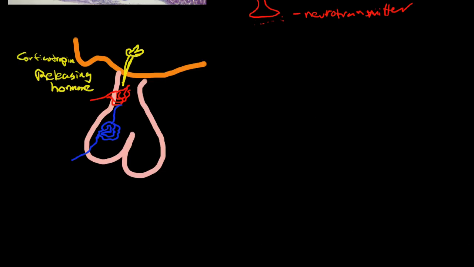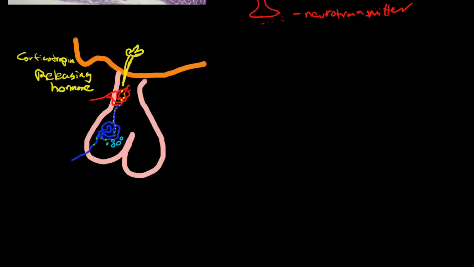So this corticotropin releasing hormone gets into this capillary bed, moves down through the portal vein to the anterior lobe, where it meets up with some other cells, and these cells are stimulated by corticotropin releasing hormone to release adrenocorticotropic hormone, or ACTH.